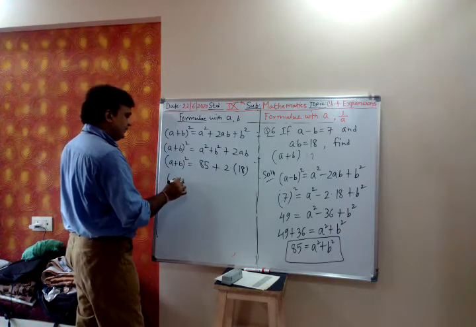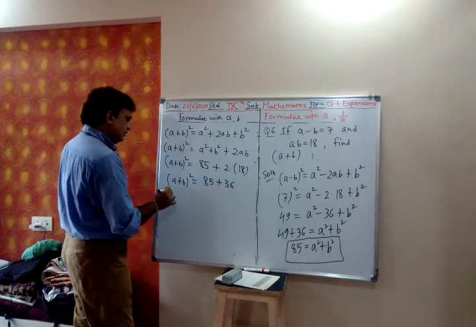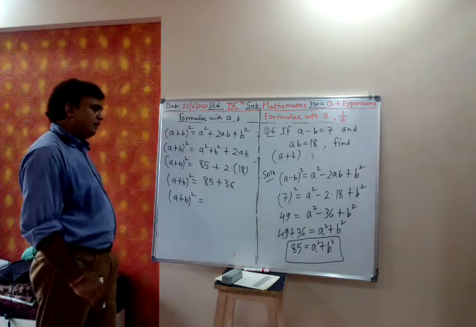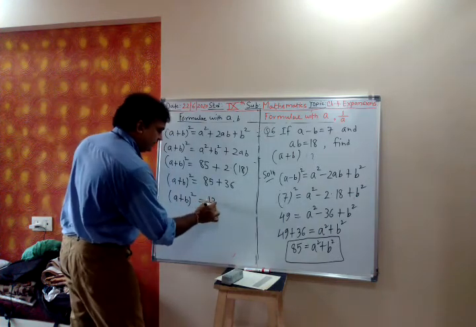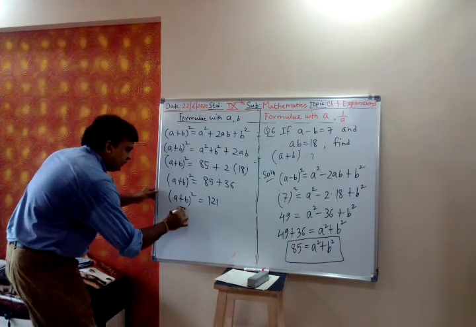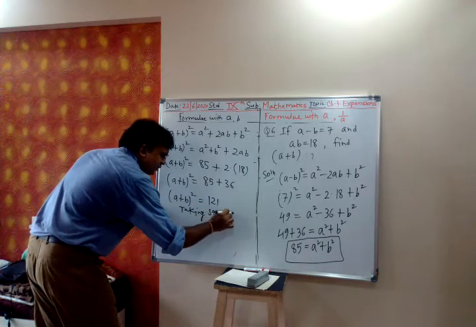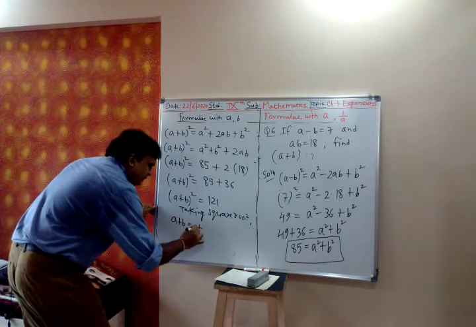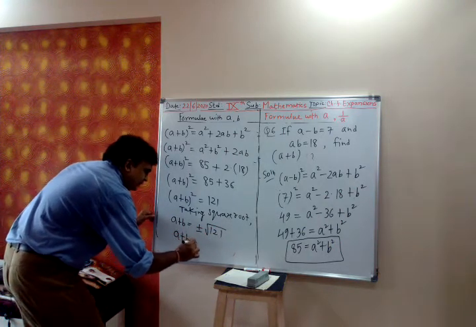So a plus b whole square is 85 plus 36, which is 121. So taking square root, not 11 only, plus minus 11. You will get a plus b is plus minus root 121. So a plus b is plus minus 11.